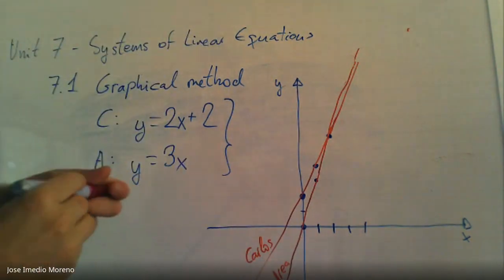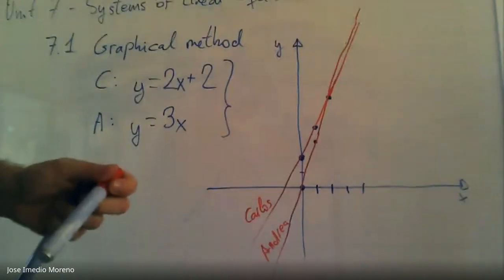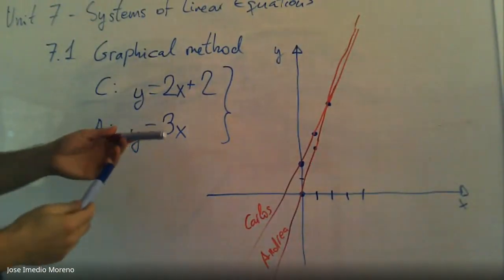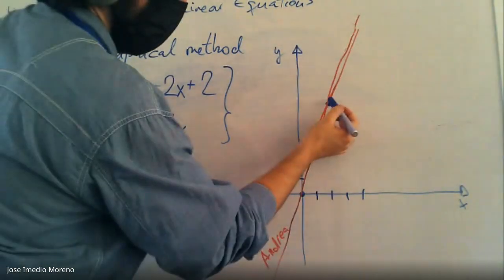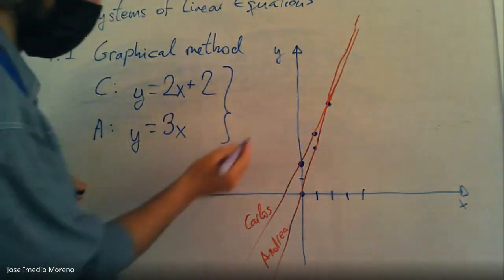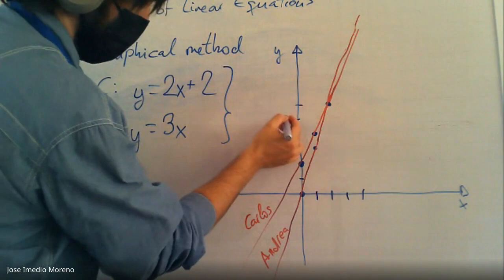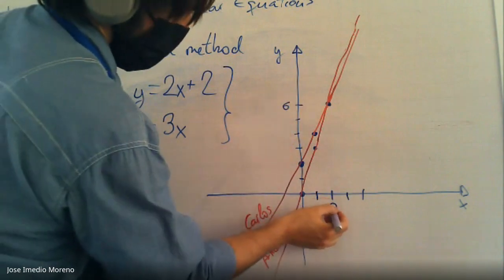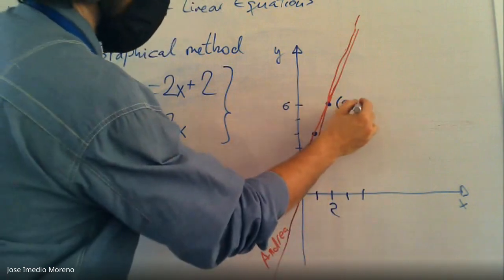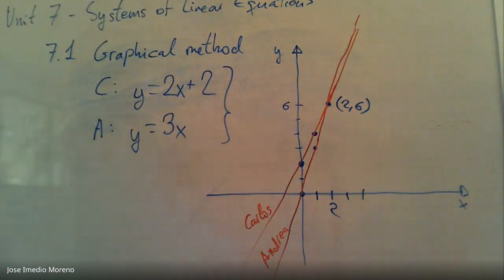So where do they cross? They cross at this point. That point is 2 here and 6 up. So this is the point 2, 6. What does it mean that both lines cross at 2, 6?